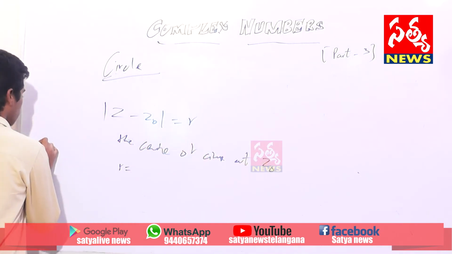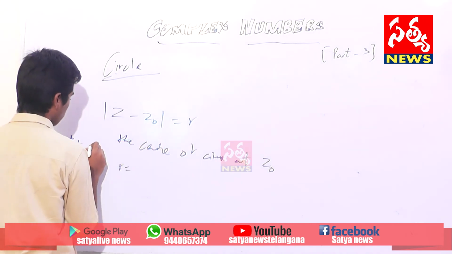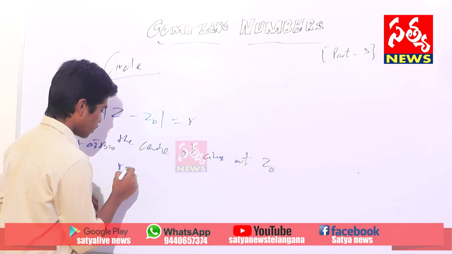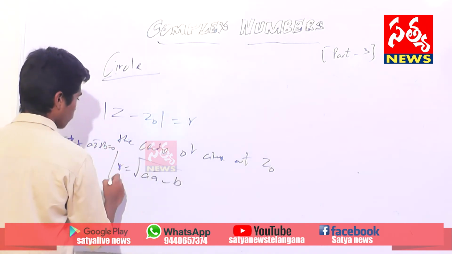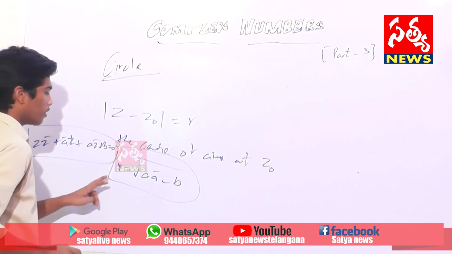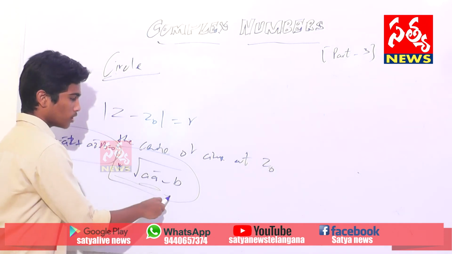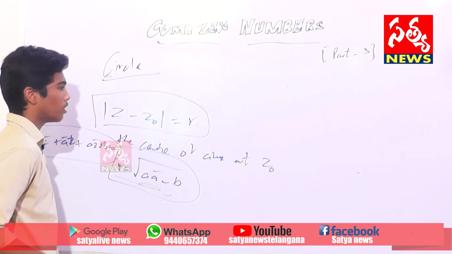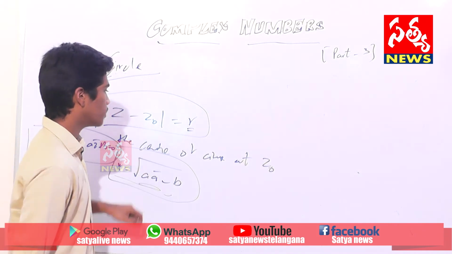If a circle is in the form z z bar plus a bar z plus a z bar plus b equal to 0, then the radius will be the square root of a a bar minus b. If the circle is given in this form, we can calculate the radius using this formula. And if the direct equation is given, mod of (z minus z0) is equal to r, where r is our radius and the center lies at the point z0.